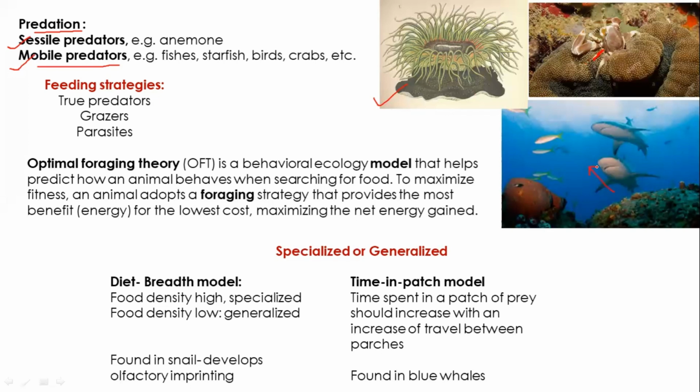However, in the second group you have the mobile predators. There are big fishes which are mobile, moving from one location to another for feeding. There could be several feeding strategies. They can be true predators, specialized in catching prey. There can be grazers, and there can be parasites. Parasites do not have to show true predator behaviors; they can simply stick to another individual and benefit. Grazers graze mostly on, for example, benthic surfaces.